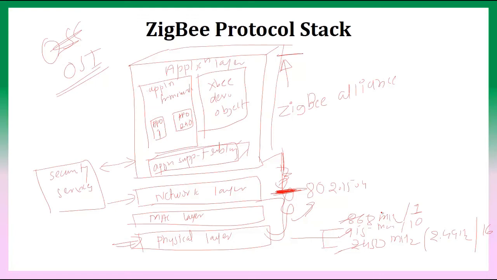The MAC layer is responsible for generating beacons and synchronizing devices to the beacon signal in beacon enabled services. It also performs association and disassociation functions. It defines four frame structures: beacon frame, data frame, acknowledgement frame, and MAC command frame.